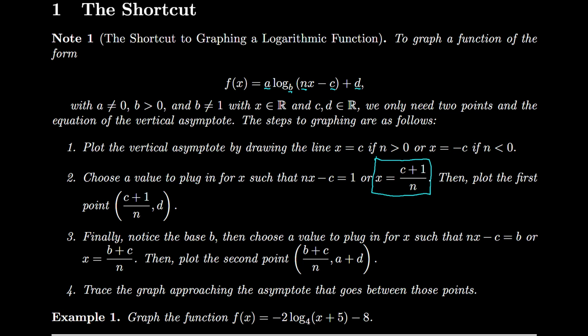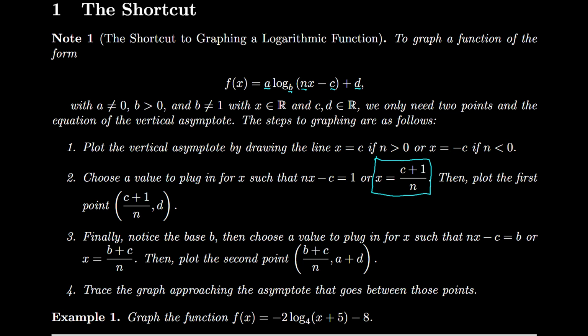And then you'll plot the first point, c plus 1 over n, comma, d. The reason that this is just d is, if you plug in c plus 1 over n for x, the n's cancel. You're left with c plus 1 minus c. The c's cancel. You're taking the log base b of 1, which is going to give you 0, because log base anything of 1 is 0.